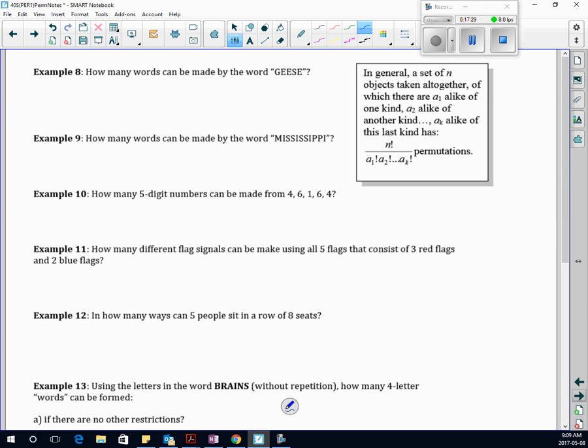So in general, for a set of n objects taken together of which A1 are alike of one kind, A2 are alike of another kind, it's the number of objects factorial divided by the repeated letters factorials.